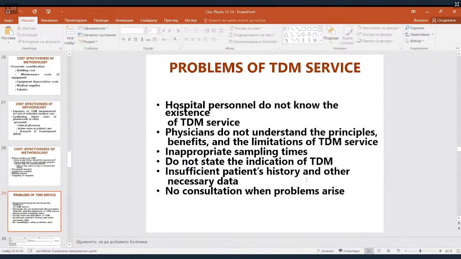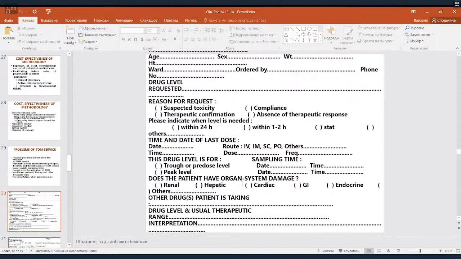But sometimes the physicians that use therapeutic drug monitoring don't know how to correctly use the information from the patient. And this is an example of a form of therapeutic drug monitoring, which needs to be filled usually by the physician.